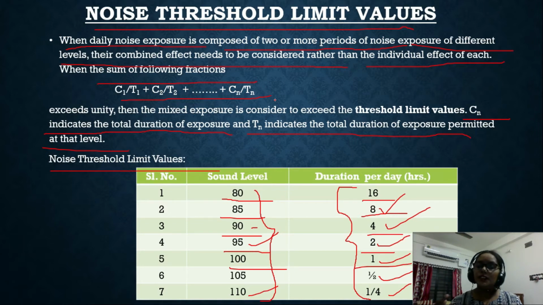If it is within the limit, then it's okay. If it is beyond the limit, at that time we have to take some steps to stop the pollution. Okay, so this is the importance of noise threshold limit values.